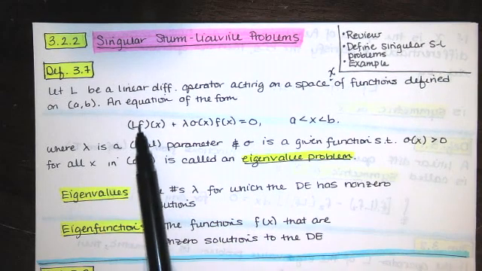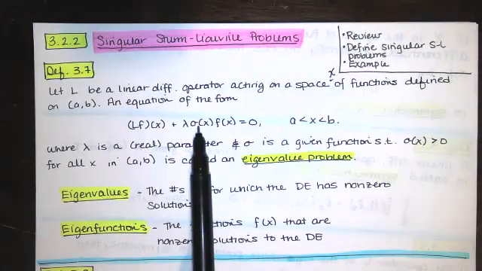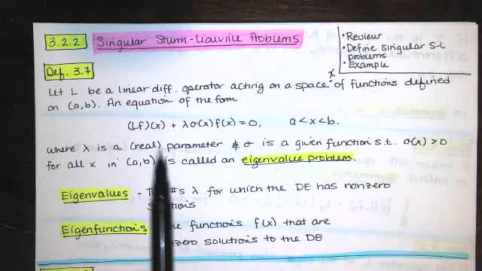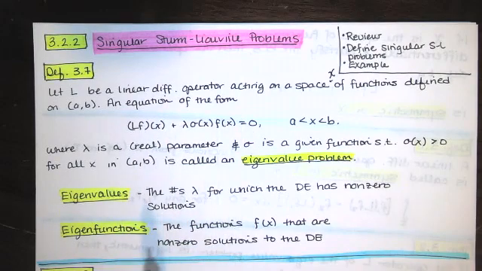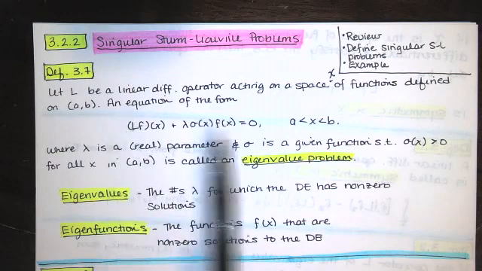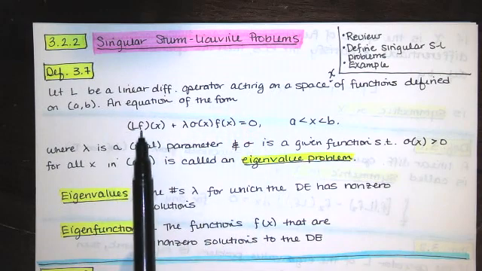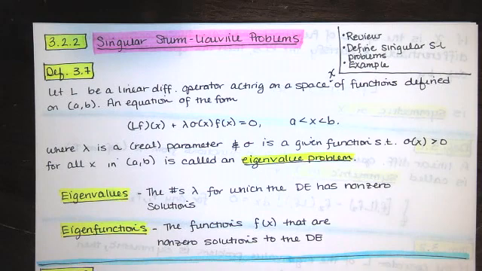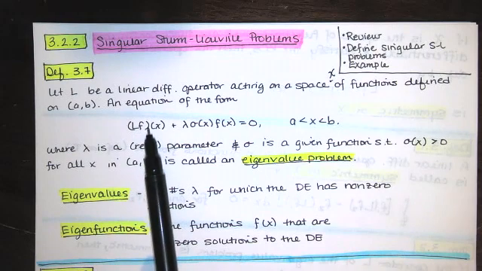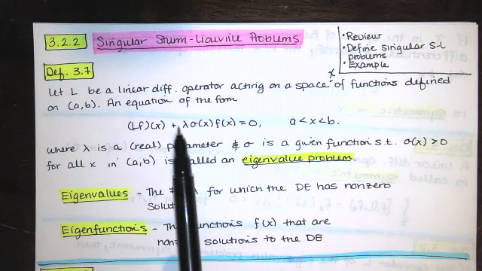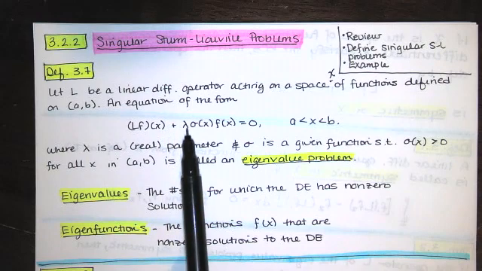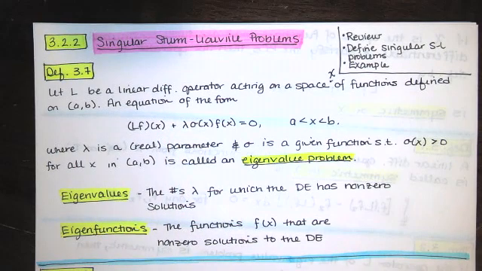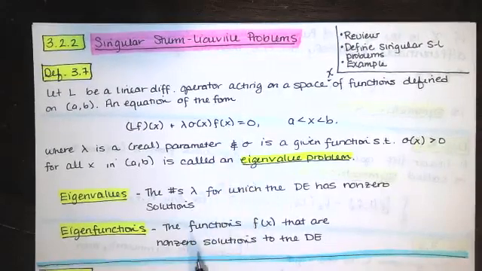Now, the linear operator will be given to you. This function sigma is either given to you or can be found through algebraic manipulation to write the differential equation in this form. But everything is either given or can be found except for the function f and the parameter lambda. The values of lambda that give us non-zero solutions to this differential equation are called eigenvalues for this particular differential equation.